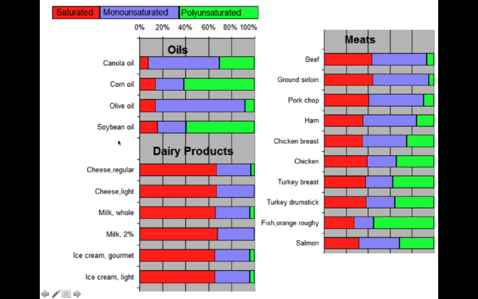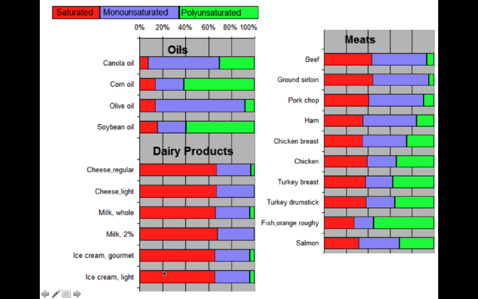Now there are exceptions to this. Palm oil and coconut oil, for example, coconut oil especially, actually does have a lot of saturated fatty acids, which is part of the reason why it has a melting point that is a little bit higher than other oils. So you can find coconut oil to be about liquid at room temperature.